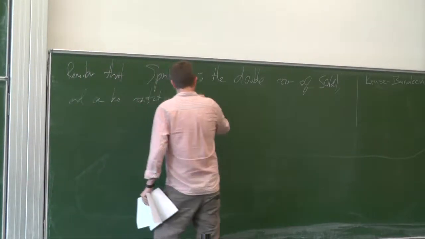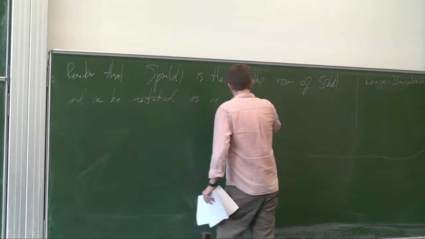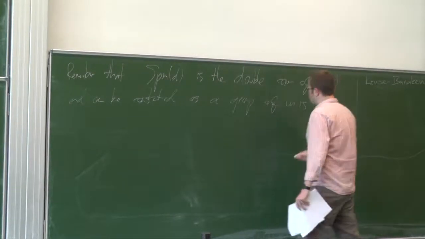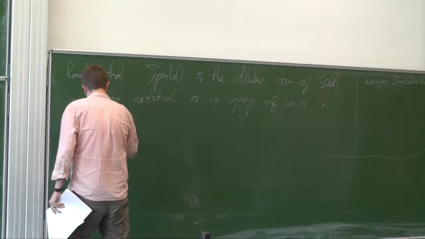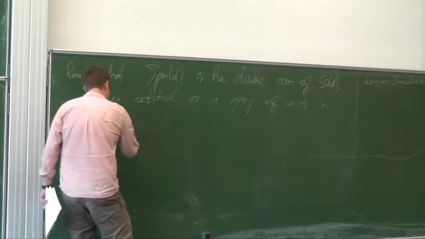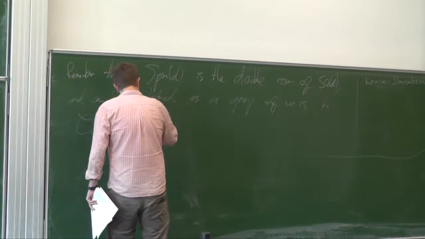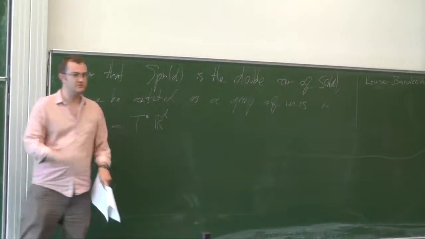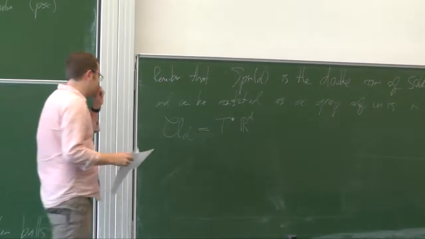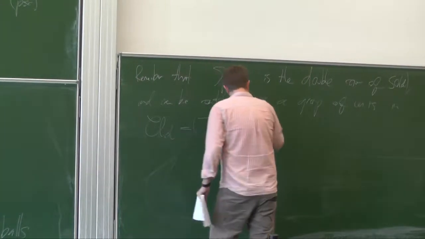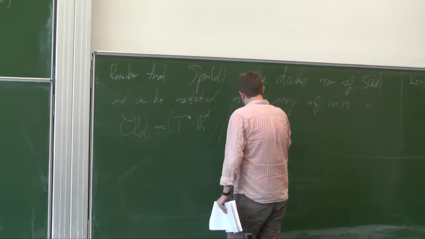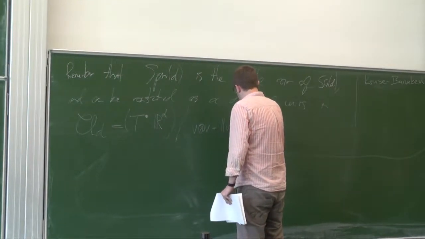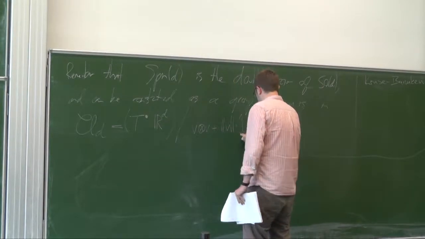It can be constructed as a group of units in the Clifford algebra, which is by definition the following thing. I take the tensor algebra on the vector space R^d. So I take all the words in vectors of R^d, and then I divide out by the following. Whenever I have the symbol v tensor v, I set it equal to minus the norm of v squared times the unit.